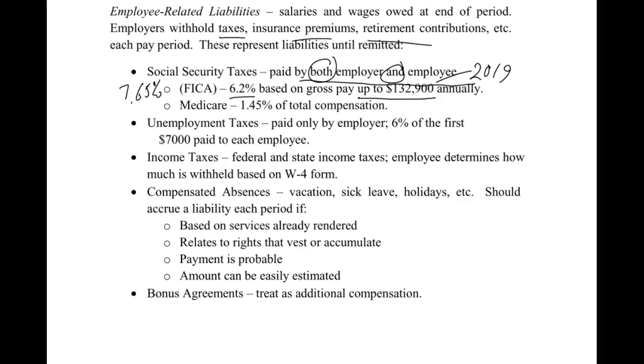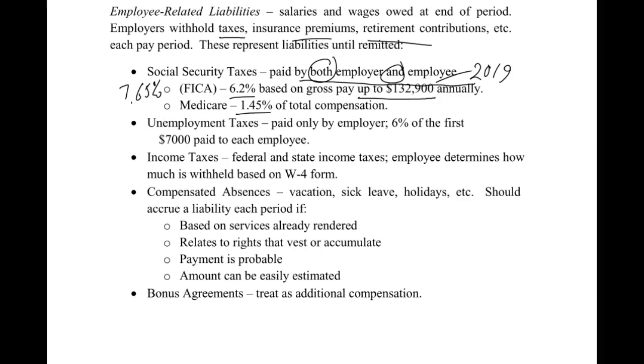All right, and then we have Medicare, which is 1.45%, and that's on everything. So basically, if you made $150,000, that last 17,100 that gets you over 132.9 would only be taxed at the 1.45%, whereas everything up to 132.9 is taxed at both the 6.2% and 1.45%.